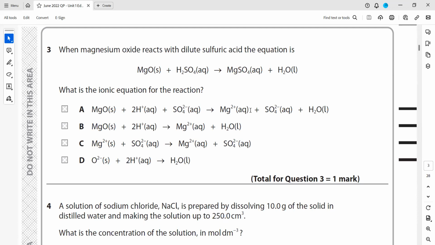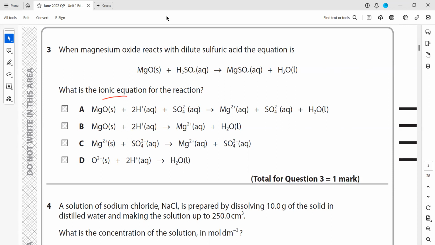When magnesium oxide reacts with sulfuric acid, what is the ionic equation for this reaction? So how to write an ionic equation? First, we cancel out the common ions in the aqueous solution. What are the common ions in aqueous solution?